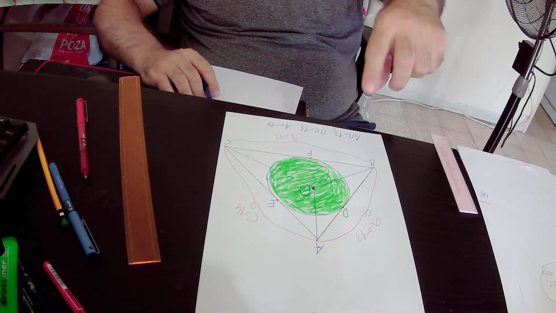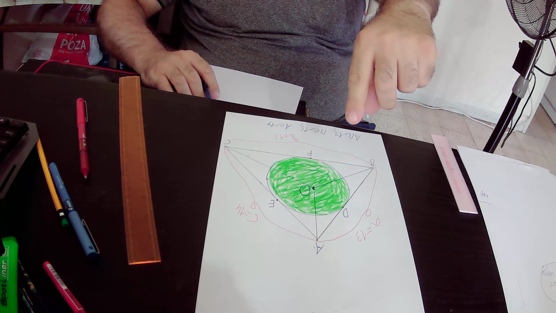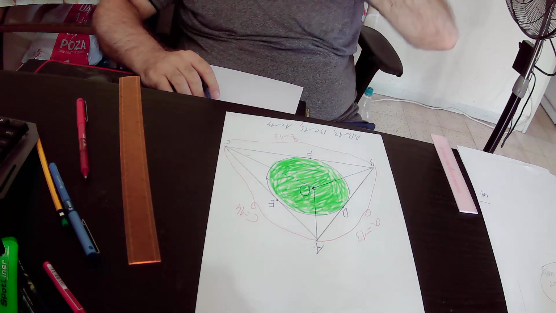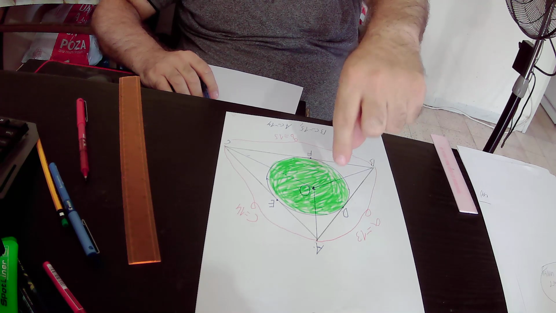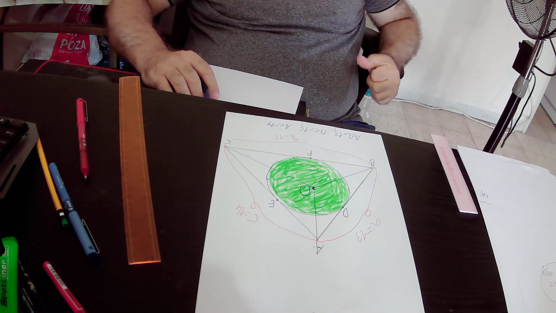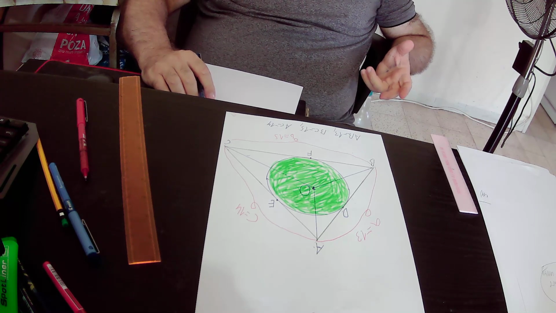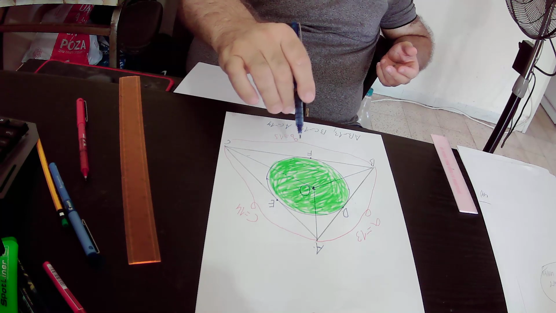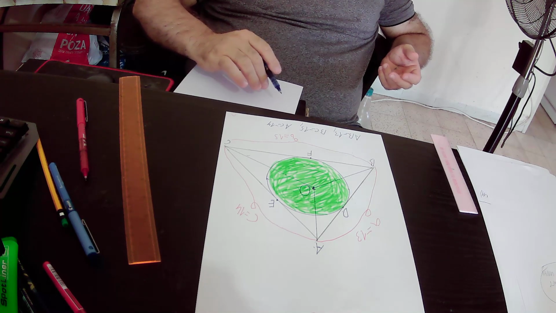So actually we created 3 small triangles: triangle AOB, triangle AOC, and triangle BOC. And the sum of the areas of the 3 small triangles equals the area of the big triangle ABC. So we will create a formula that states this.